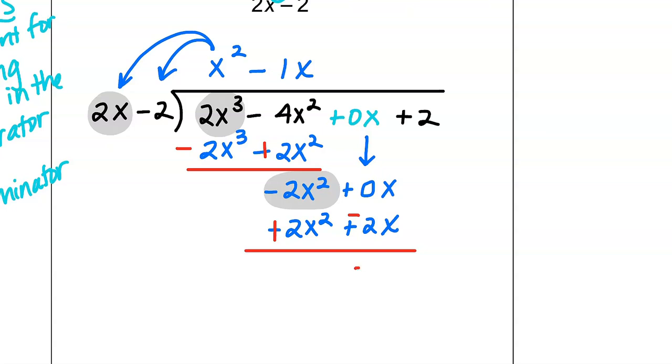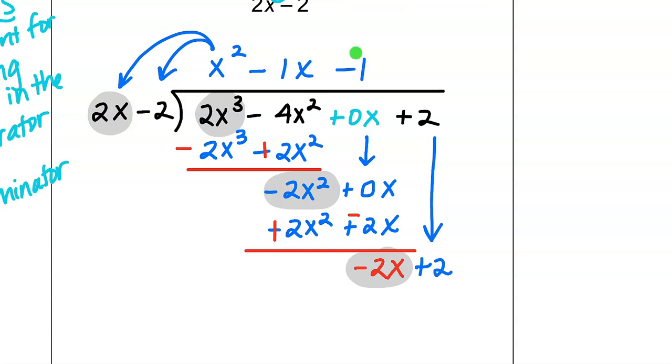And then when I add going down, I get negative 2x here. Okay, and then I'm going to bring down a term and repeat the process again. What do you multiply the 2x by, right over here, to get negative 2x down here? Negative 1.